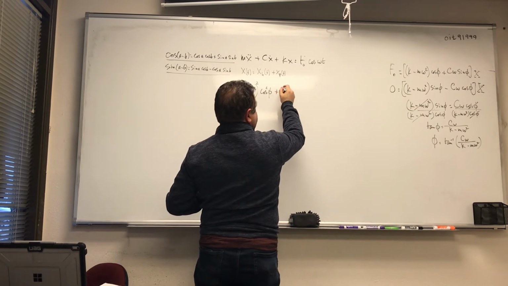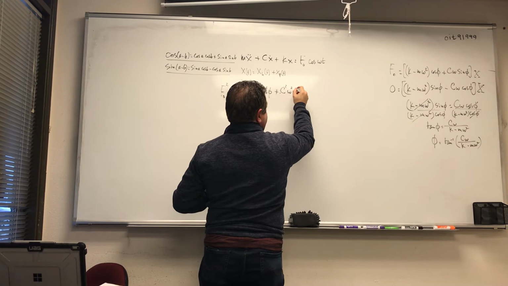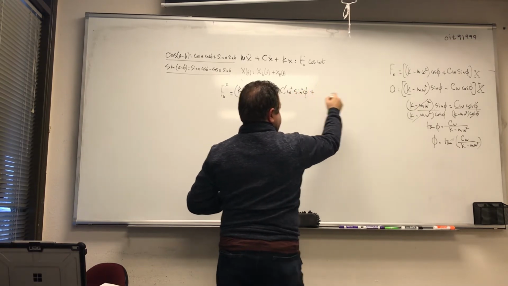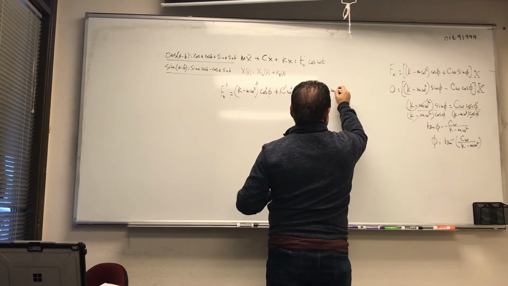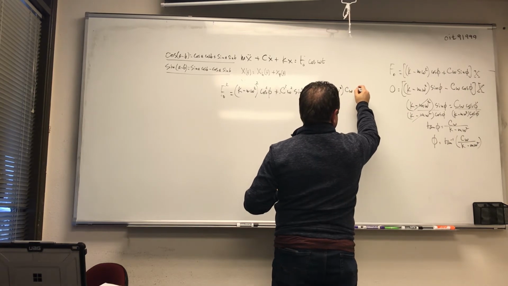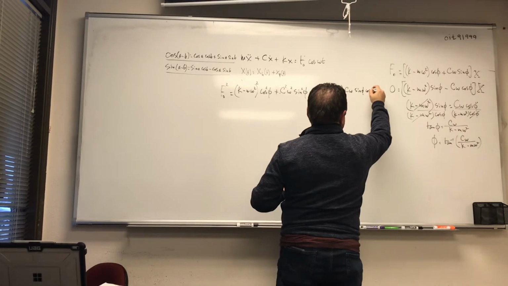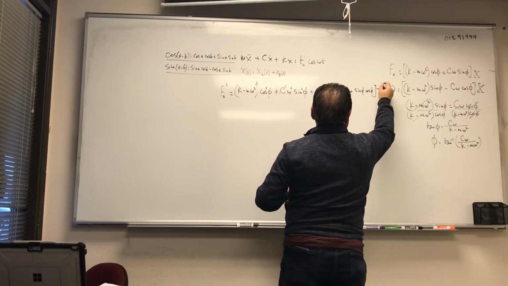Plus c squared omega squared sine squared of phi, plus 2 times (k minus m omega squared) c omega sine phi cosine phi. And the whole thing is multiplying x squared.